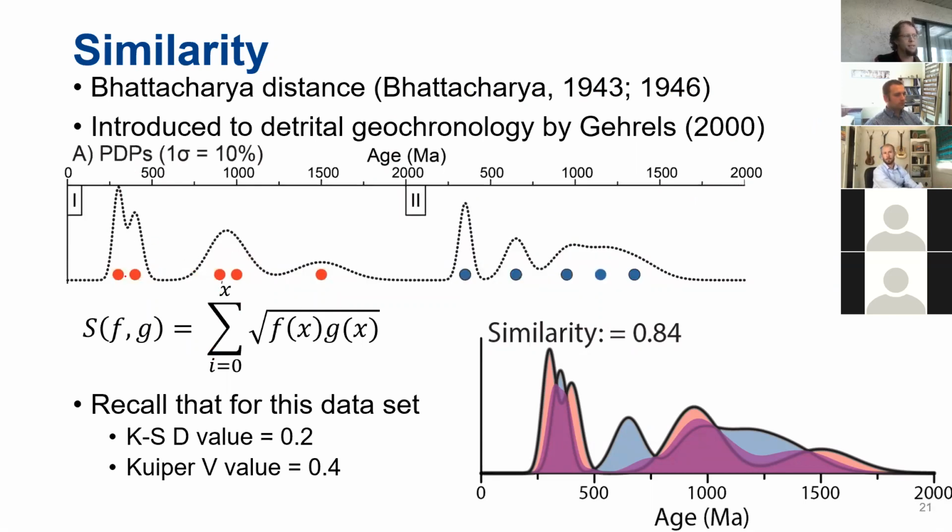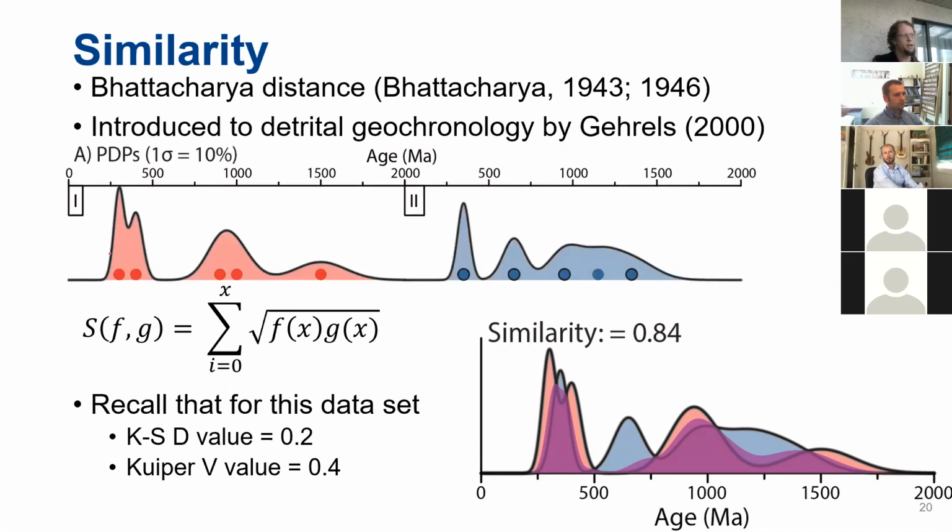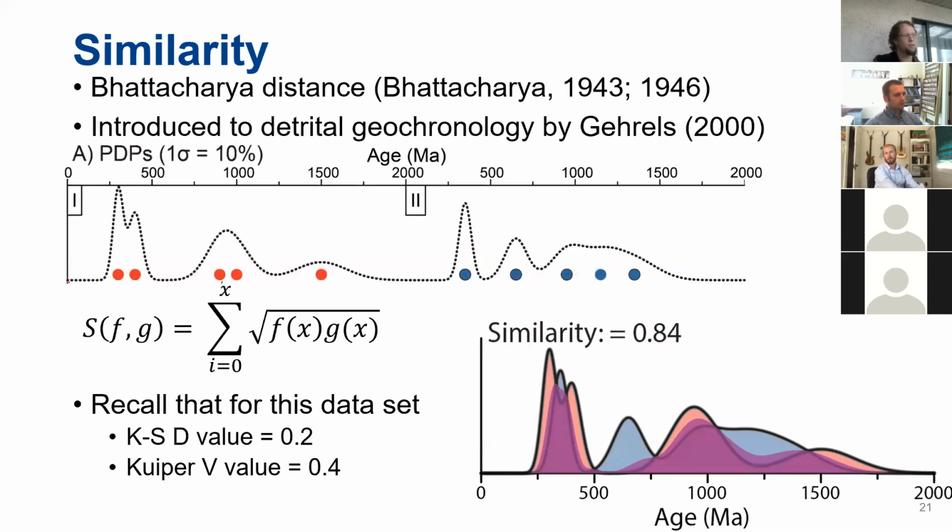It's based on the observation that, as we've mentioned before, we think of these KDEs or PDPs as continuous functions, but in fact they're discrete, or at least they can be discretized into points along a continuous function. That gives us the possibility of taking a point in function f and multiplying it by the point at the same age in function g.